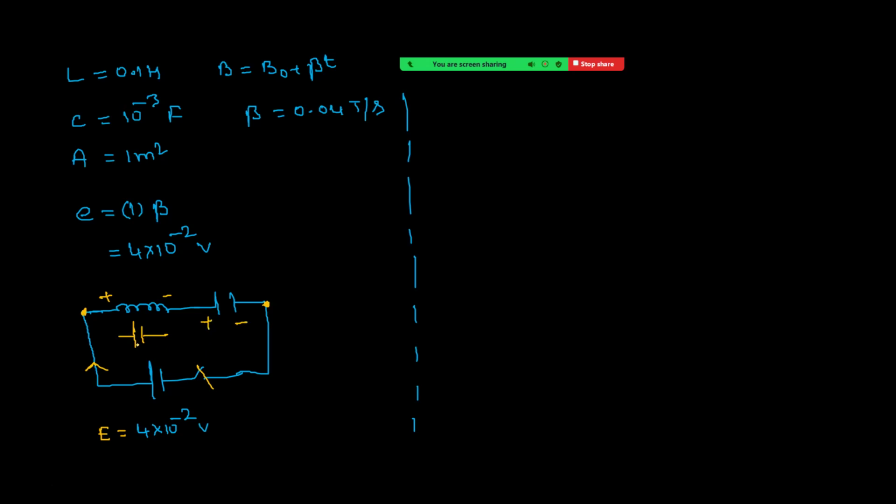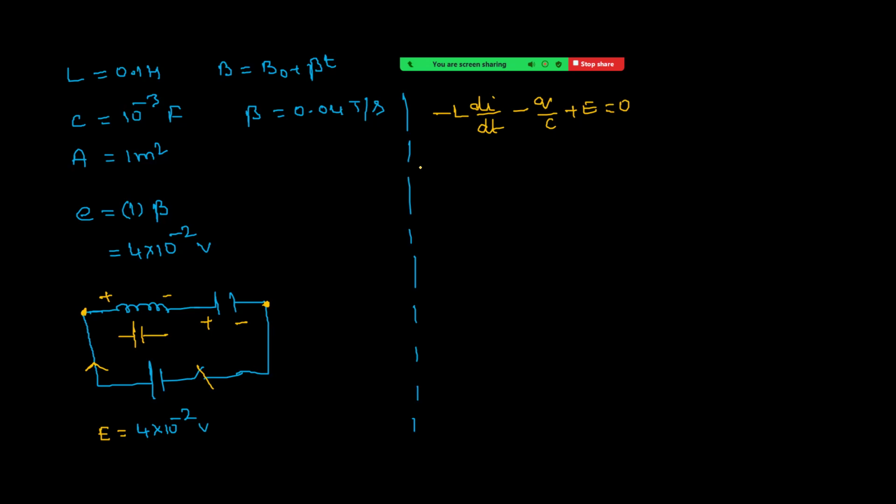Now writing here Kirchhoff's second law, then say what we get. So plus 0 minus L di by dt. Next, minus q by C. Next, plus E equal to 0. Right.